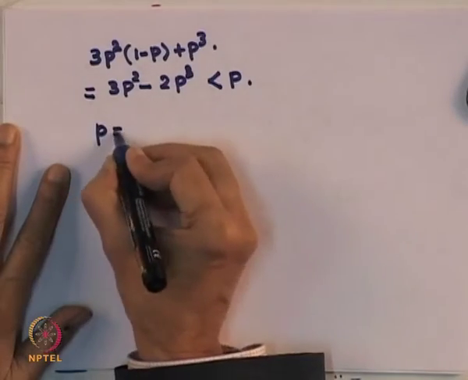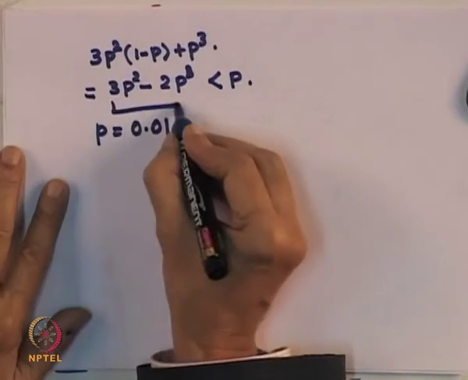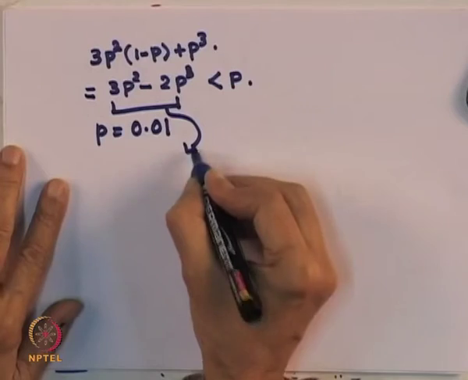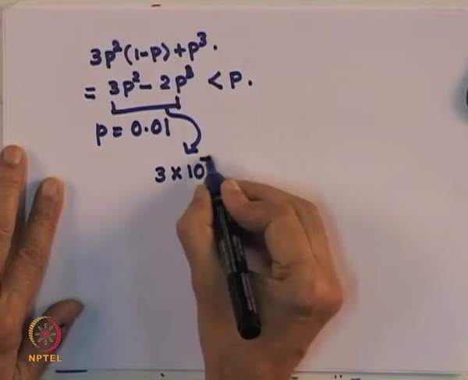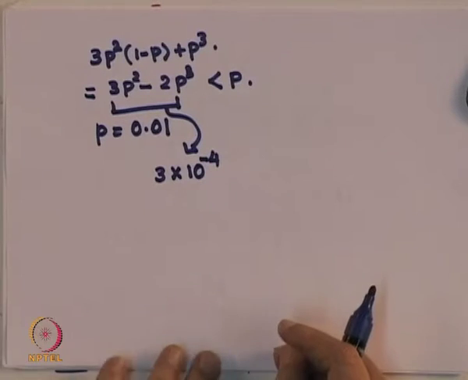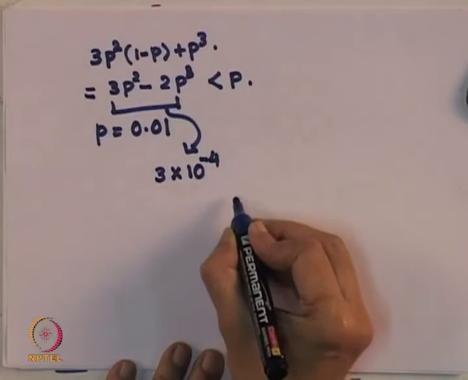Supposing p was equal to 0.01, you can calculate it. You will find that those cases where it is not corrected occur with a probability of 3 into 10 to the power minus 4, which is a great improvement, because we have been able to reduce error by a factor of 300.